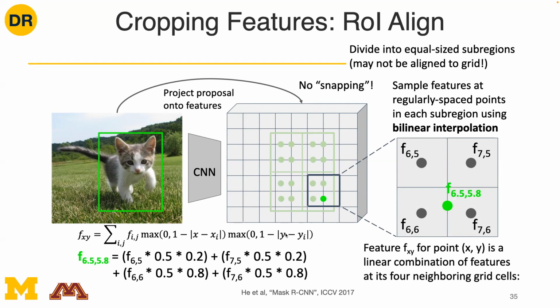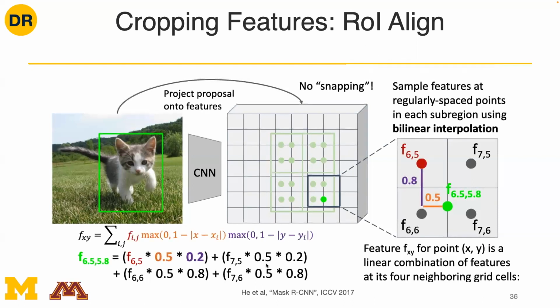That's what this internal equation is doing. We're taking the max between 0 and 1 minus the distance from the coordinate of interest to the coordinate of the specific feature point we're considering within the summation.